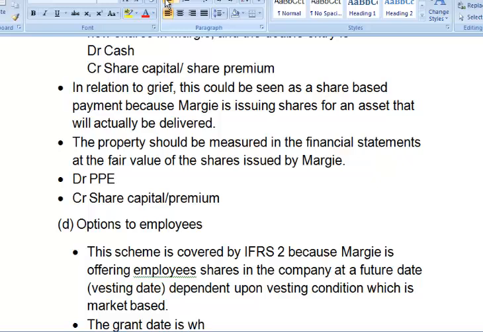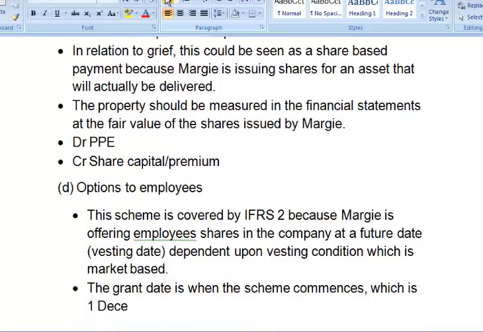The grant date is when the scheme commences, which is the 1st of December 20x1.